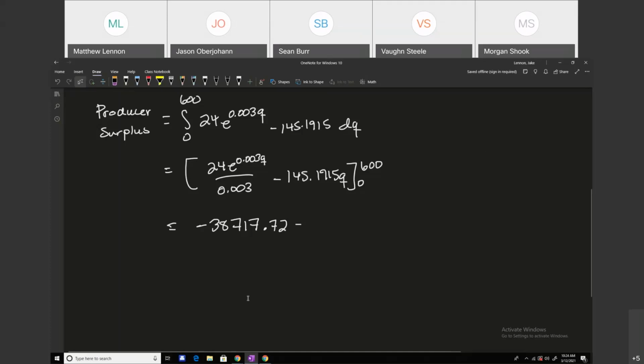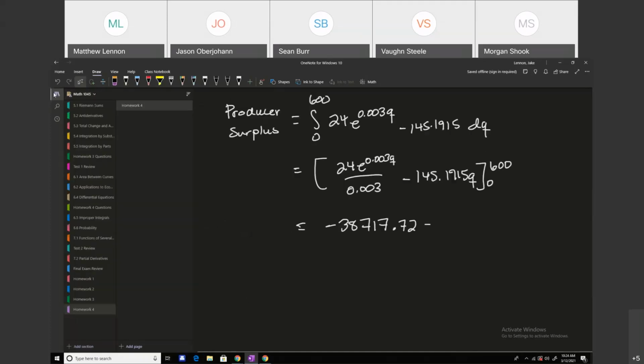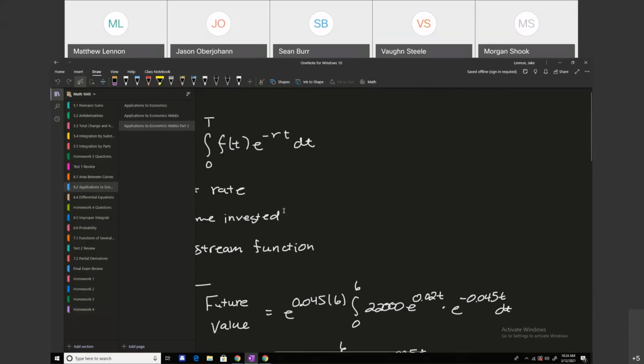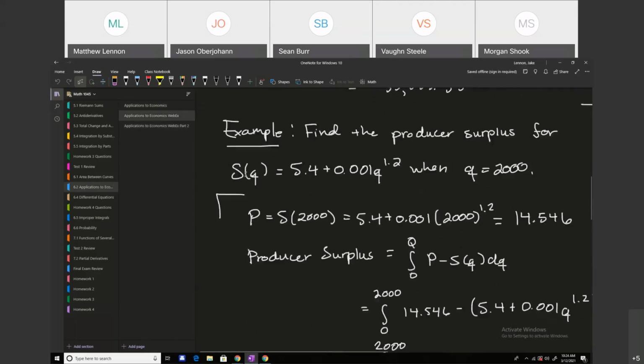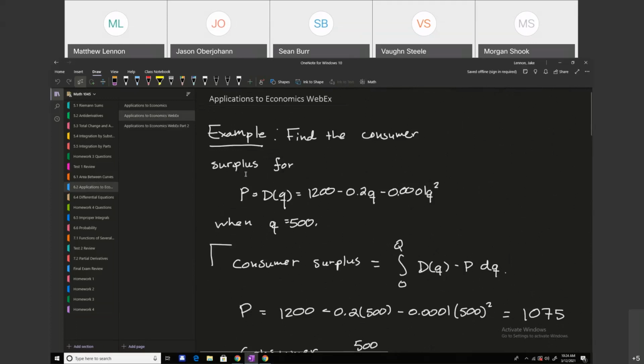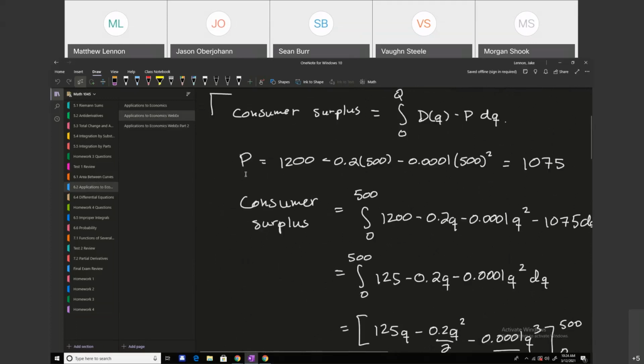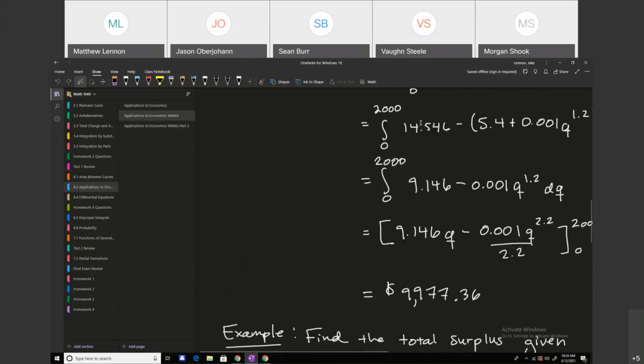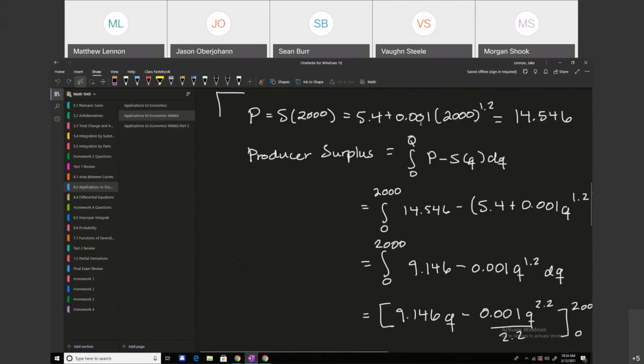Let me go back and make sure I did the formula right. So 6.2. I didn't mix it up, did I? So the first one, there's the consumer surplus D of Q minus P. All right, so it should be P minus S of Q. So I got it backwards.